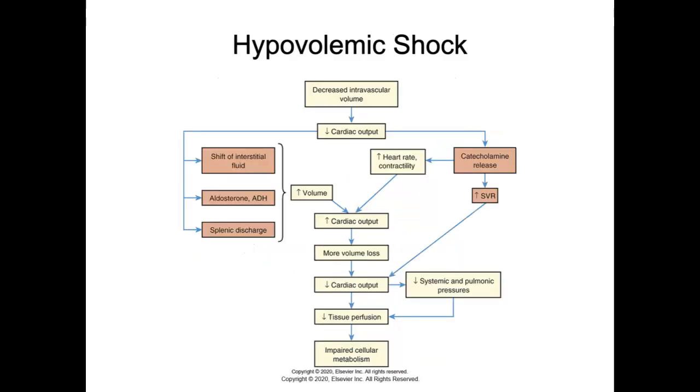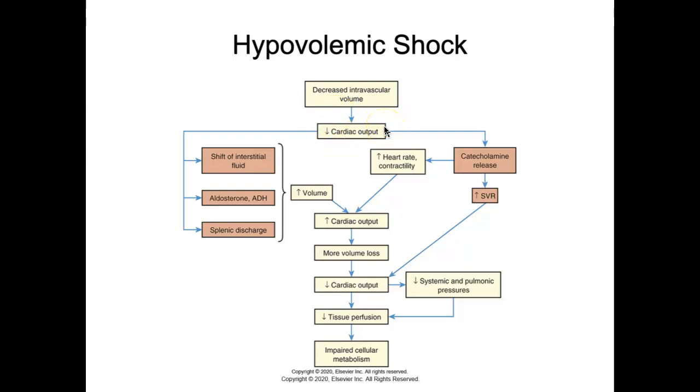Next is hypovolemic shock, and as we said before, this is due to a loss of whole blood, plasma, or interstitial fluid, essentially some type of decrease in intravascular volume, and this has to be decreased by about 15% in order to have hypovolemic shock take place. So due to that volume loss, we get a decrease in cardiac output.